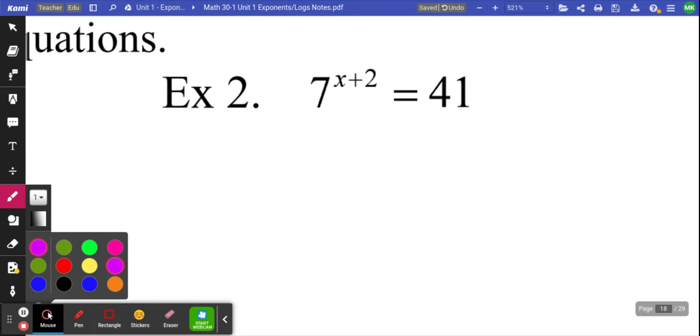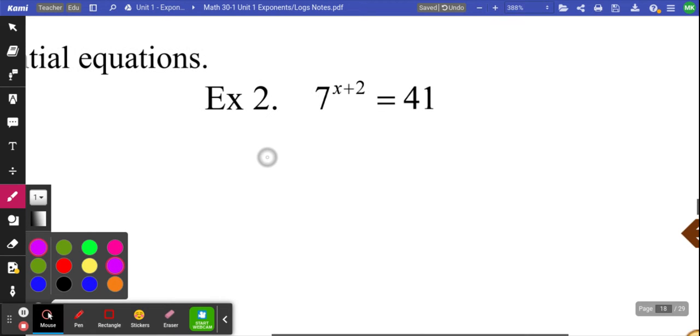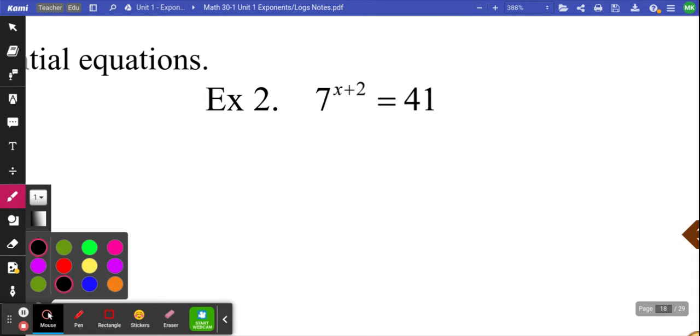Over here, same situation, right? It says solve. x is in the exponent. I can't do like bases, so I convert into a log. The base of the power becomes the base of the log.